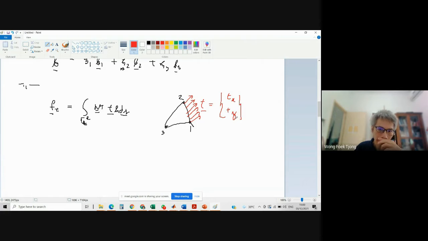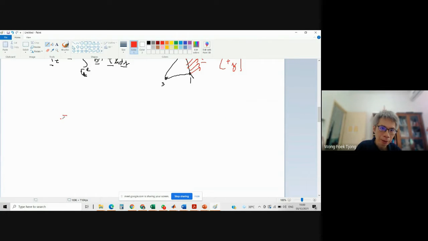Okay. So the computation goes as follows. This is the integral along the line of the traction boundary conditions, or the traction along the edge, okay. What is N? You know already, right? Matrix N.